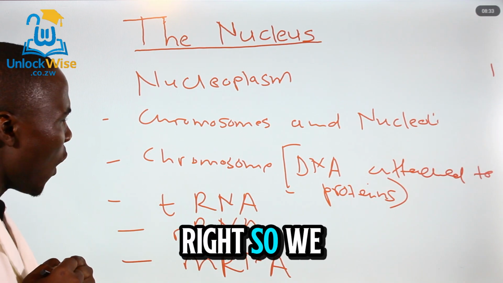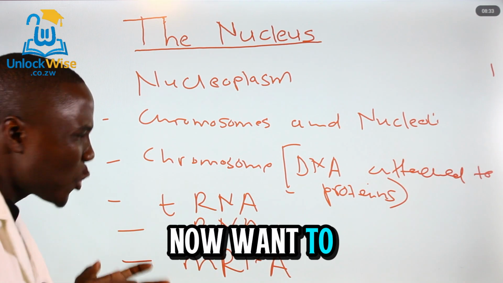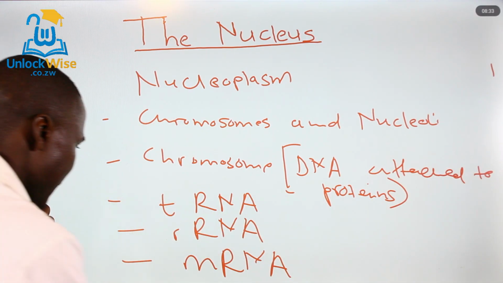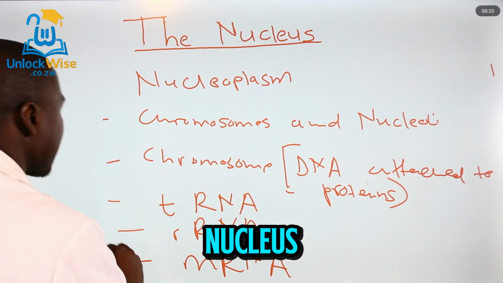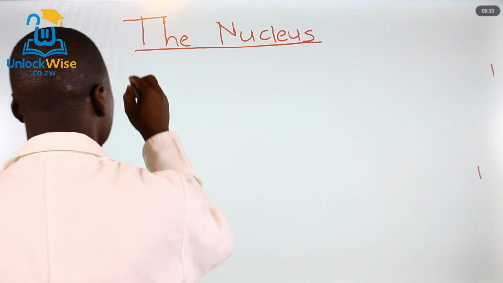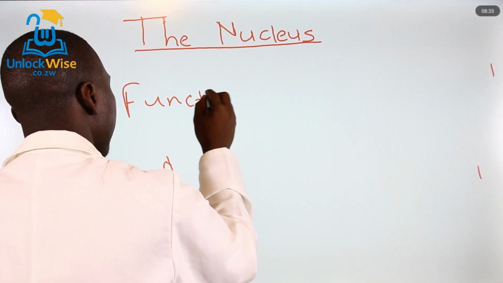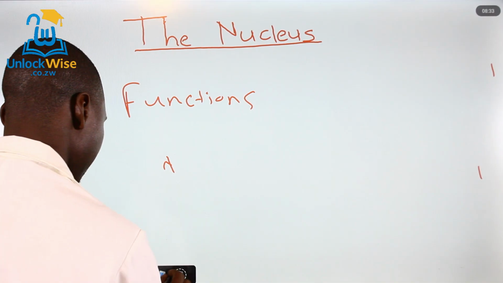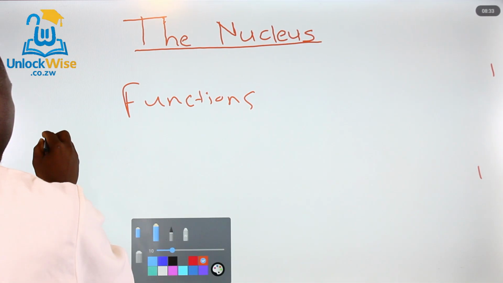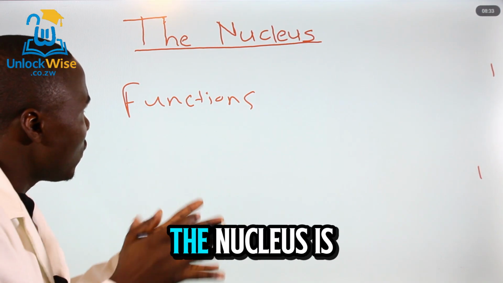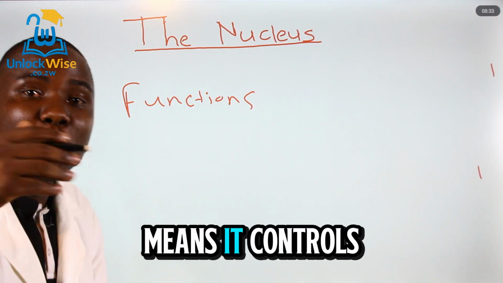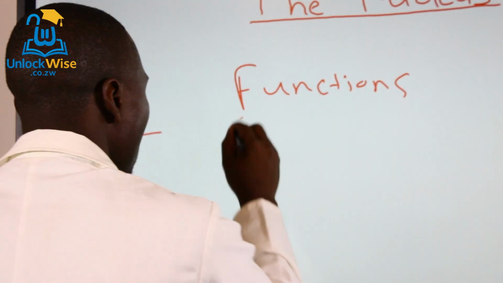Right? So, we now want to look at the functions of the nucleus. The functions now. Okay, so the nucleus is like the brain of a cell, which means it controls the activities of a cell.